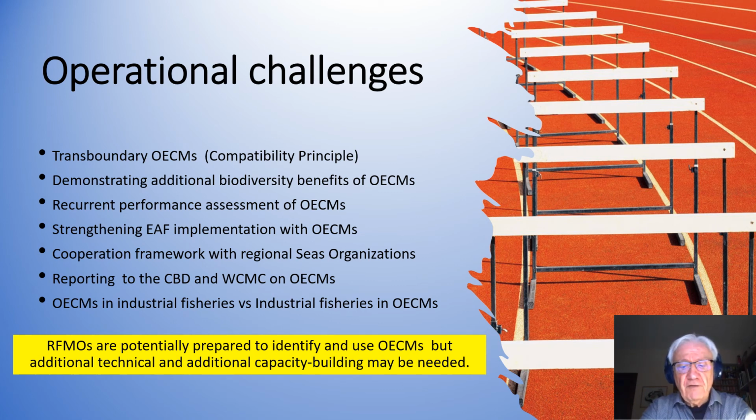Providing solid evidence of the additional biodiversity benefits produced by OECMs and the establishment of the causal relationship are not easy. This recurrent assessment of OECM performance may require additional resources, but all RFMOs are already assessed for overall performance. The additional burden will depend on the present capacity and on the number of OECMs, and species and ecosystems involved.